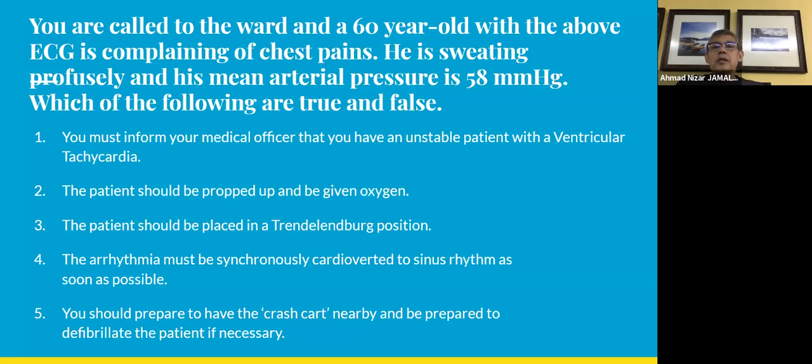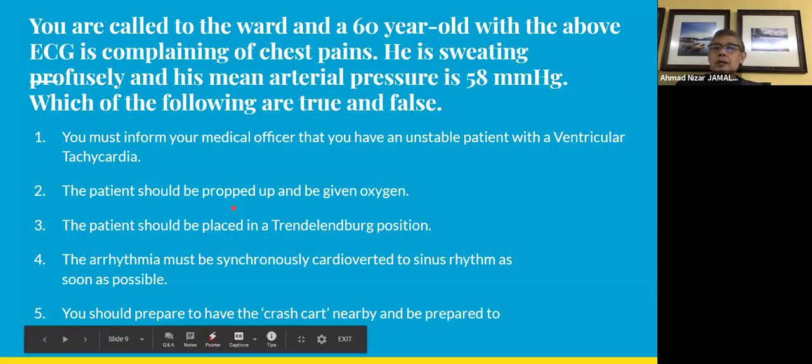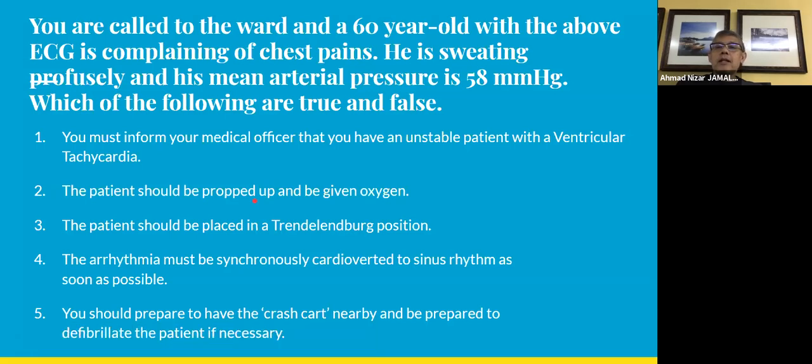Number 2, the patient should be propped up and be given oxygen. Now, if you have a patient whose mean arterial pressure is low, if you prop up the patient, even if you give them oxygen, that might be actually detrimental to them. So that is false.